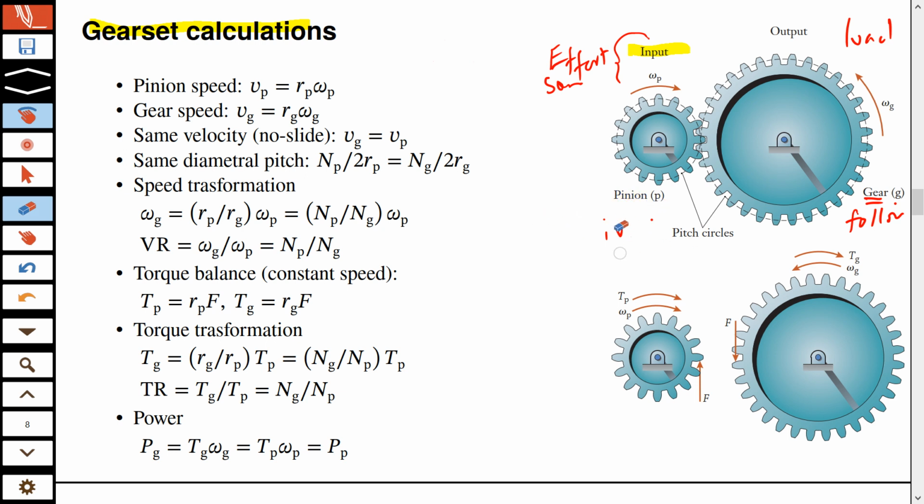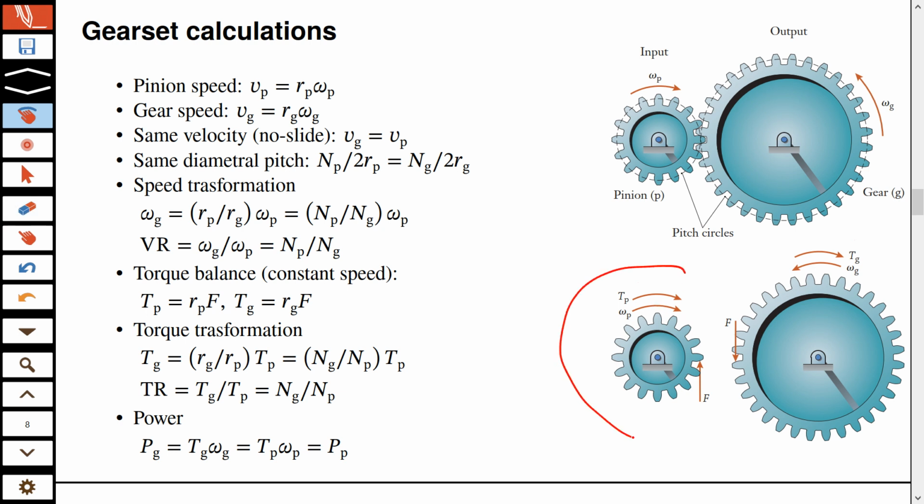Now to understand the working of gears, it's good to have a free body diagram of each gear. So the free body diagram for the pinion is this one. The free body diagram for the gear or the output gear is this one. Now look carefully at each free body diagram. What are the external forces and torques?